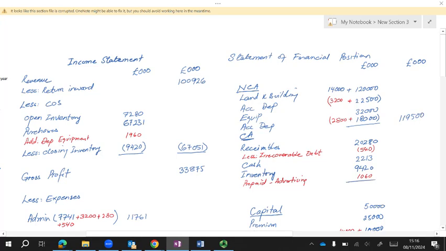Similarly, we are going to add receivables minus irrecoverable debts plus cash plus inventory plus prepaid advertisement, and the total is 32,433. When we add non-current assets and the current assets, the total is 151,933.